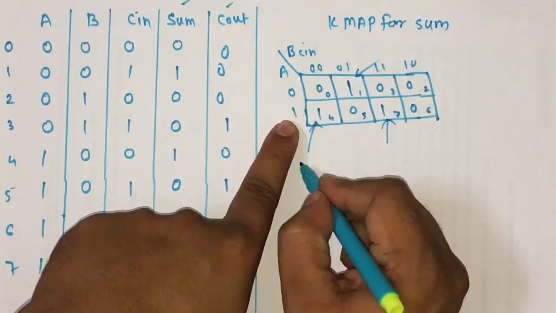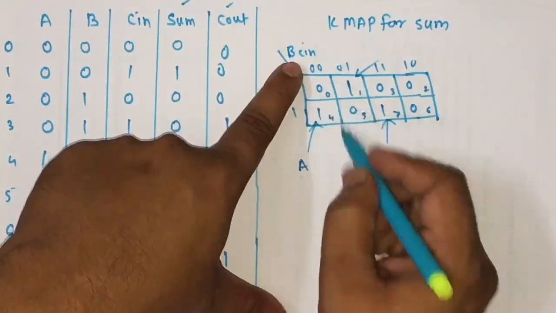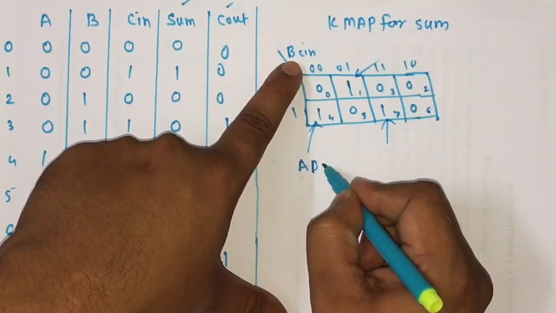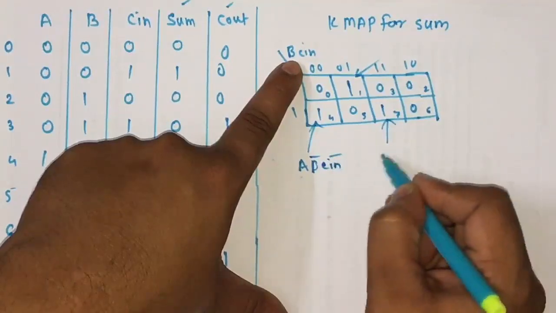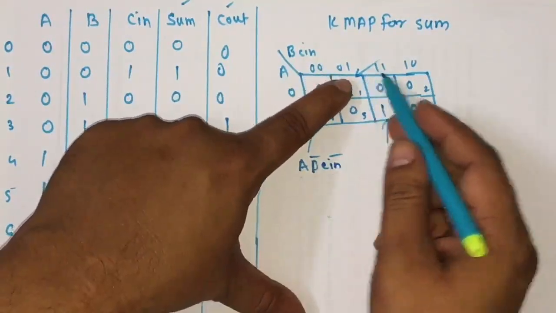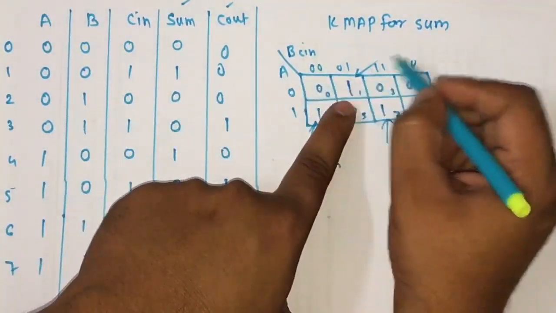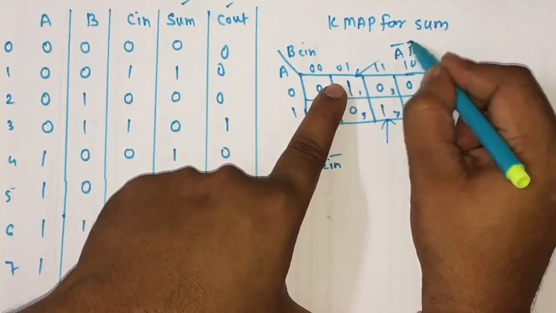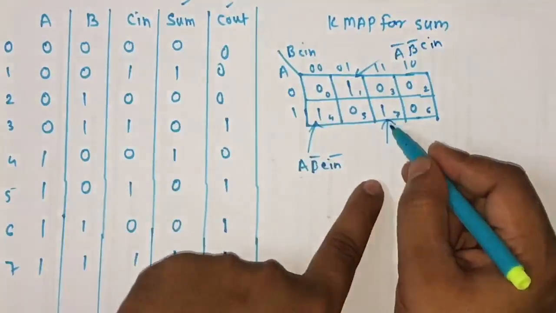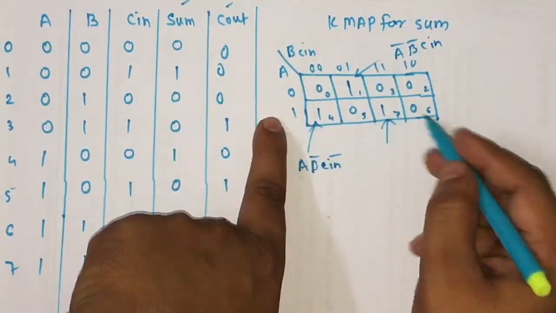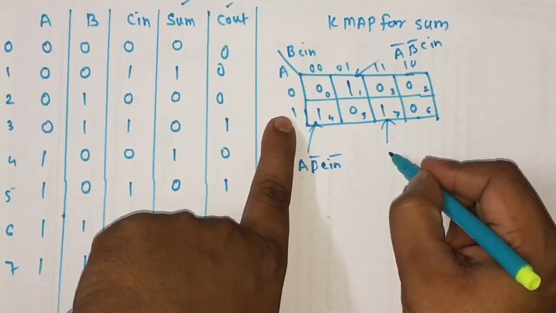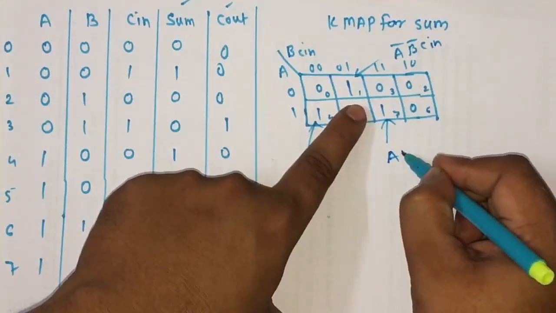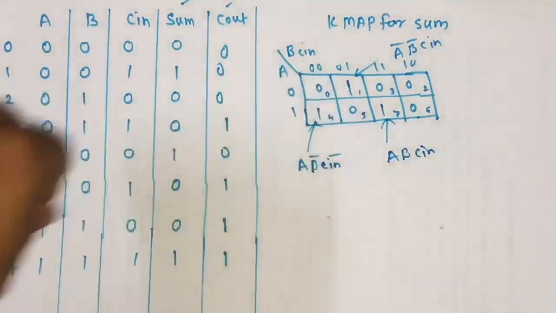So for the first one, the row value is A and the column value is B bar, C in bar. For the second one, the row value is A bar and the column value is B bar, C in. For the third one, the row value is A and the column value is B, C in.